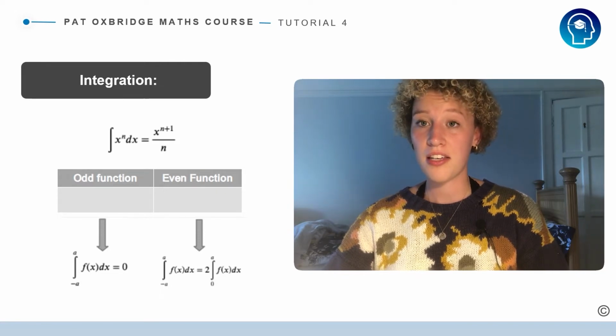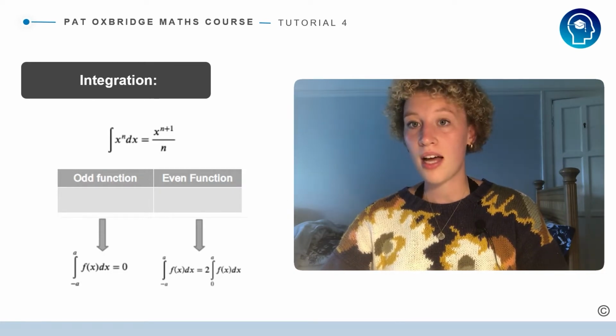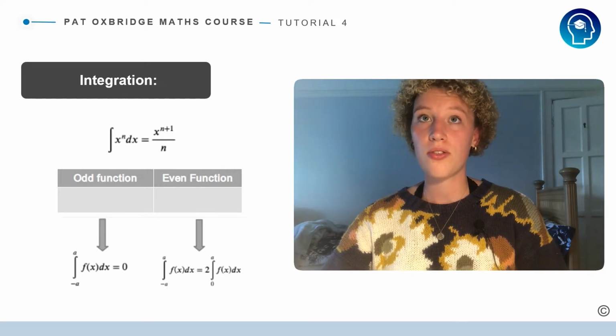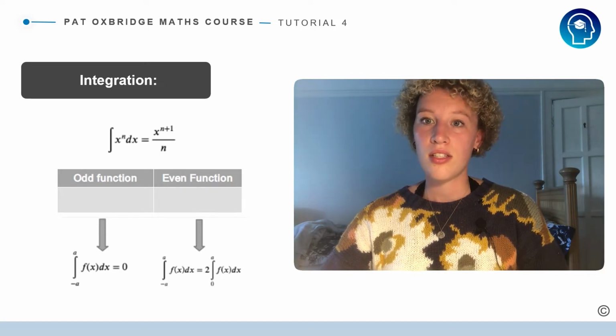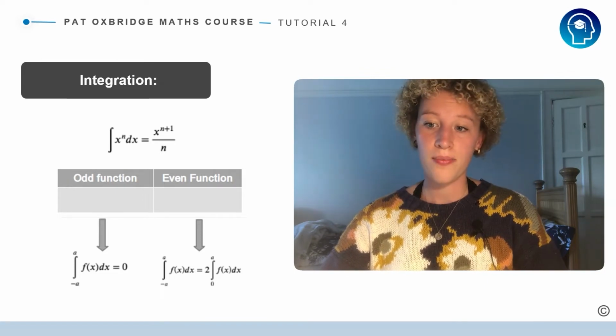And another high yield topic, so topics that they love to test you on, is even and odd functions. They will sometimes just give you graphs and ask you to determine that, or they would expect you to look at a function, see that it's odd or even, and use the integration shortcuts shown below.